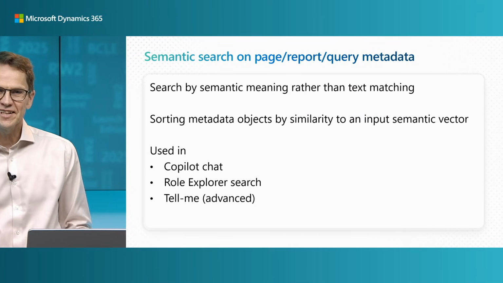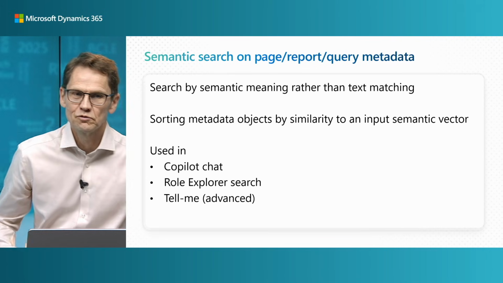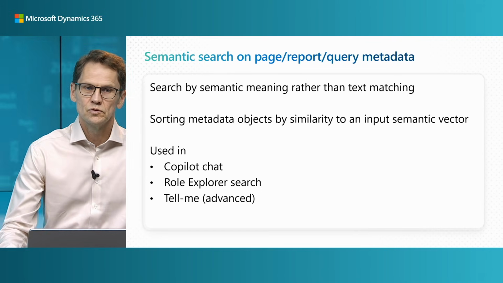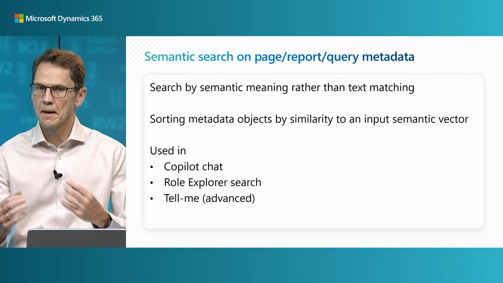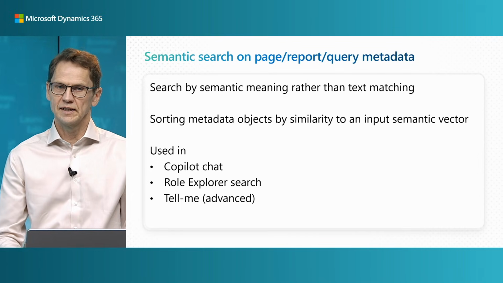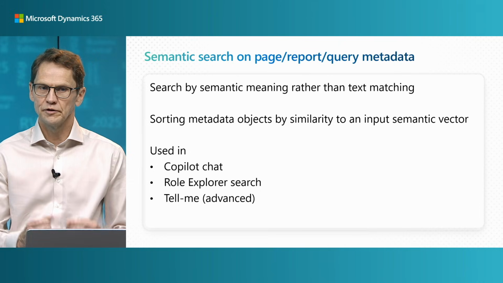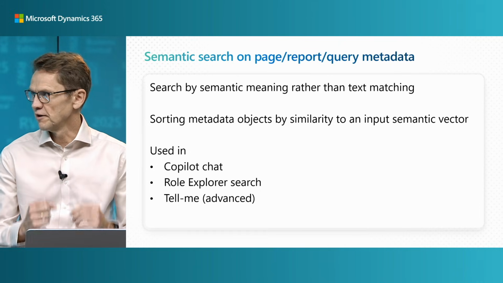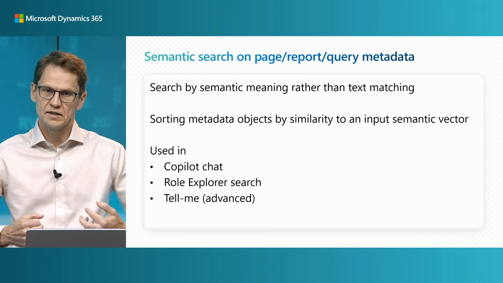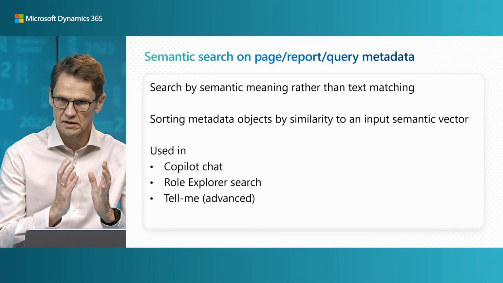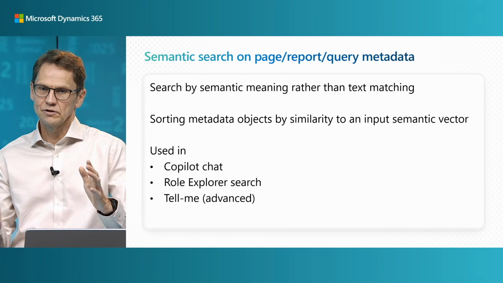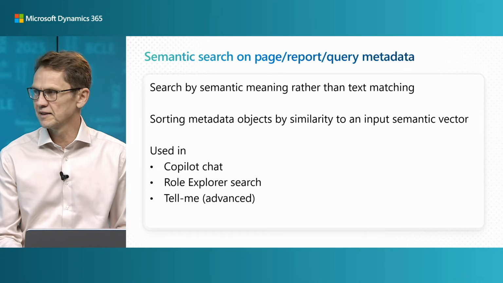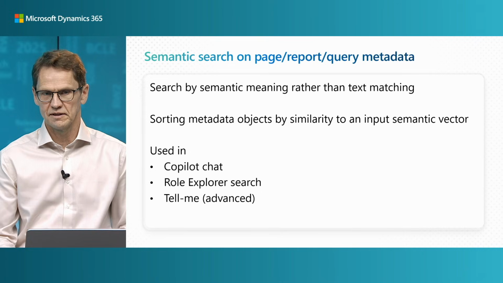All right, that takes us to one of the main investments we've been doing this year, which is to enable search by semantic meaning on metadata, which means finding pages, reports, queries by similarity. The way it works is that we take the input, we calculate a semantic vector, and then we compare to the semantic vectors for each of the metadata elements, for instance, pages.